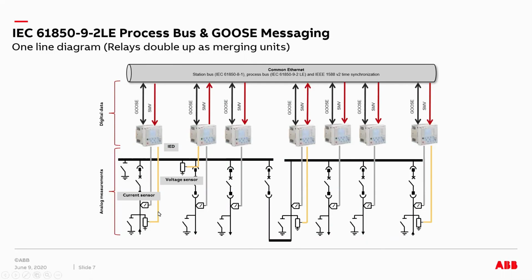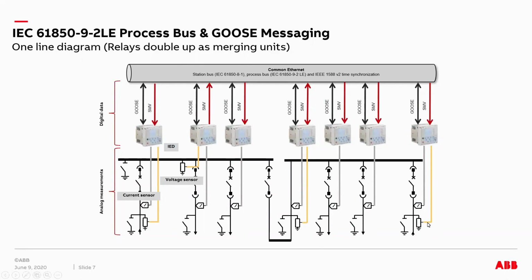If you look at main 1 here, this symbol is for the current sensor. This is the current sensor feeding the current from main 1 into its relay, its IED. And this is the voltage sensor, feeding the voltage into this IED. Similarly, the same setup is there for main 2 as well. So these 2 main relays have the line voltage sensor connected to them.